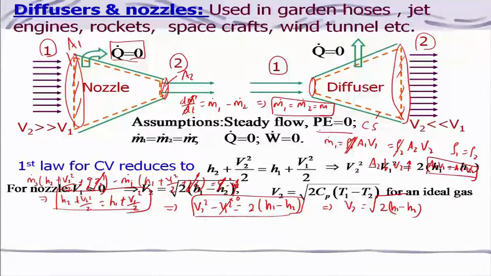And for an ideal gas, V2 is equal to root over 2 Cp (T1 minus T2), right, for the ideal gas we can say.